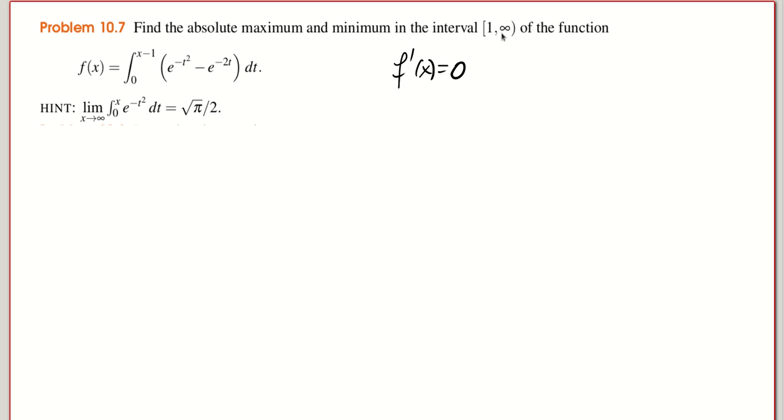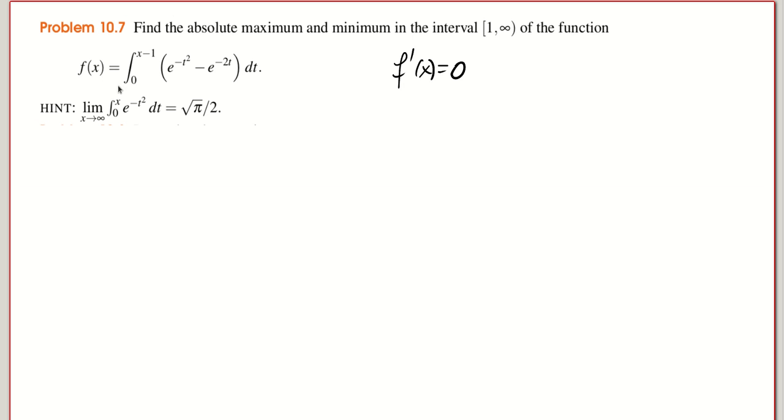All right. Well, of course, this is a continuous function, okay? So if you integrate a continuous function like this, what you get is a differentiable function, right? So this function is differentiable everywhere. So we only have to worry about the solutions of this equation, okay?